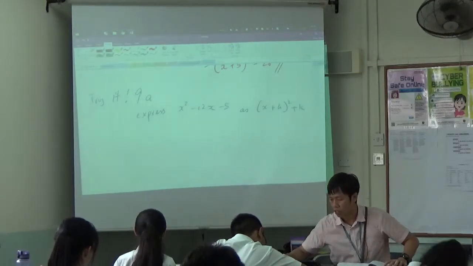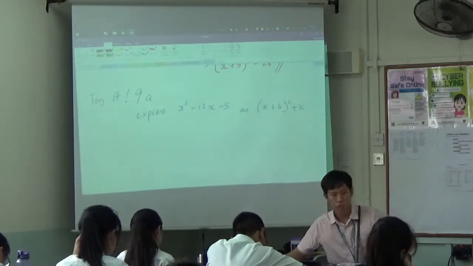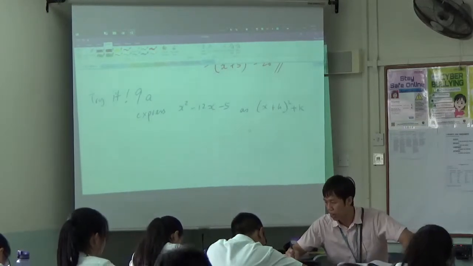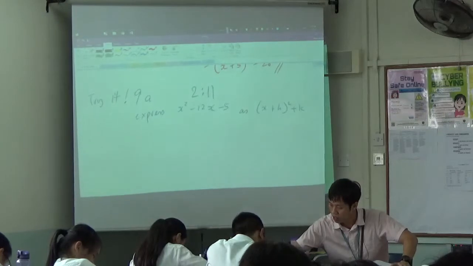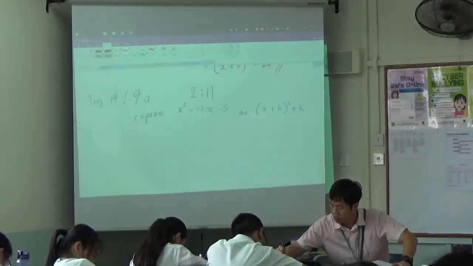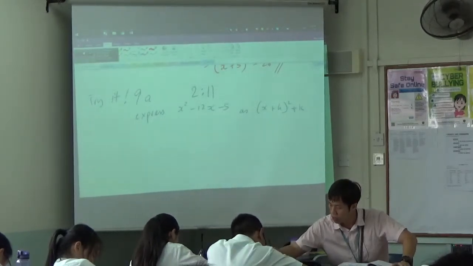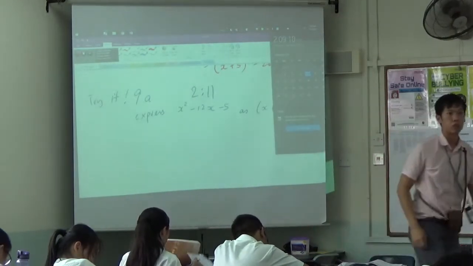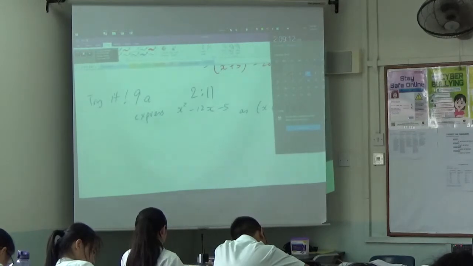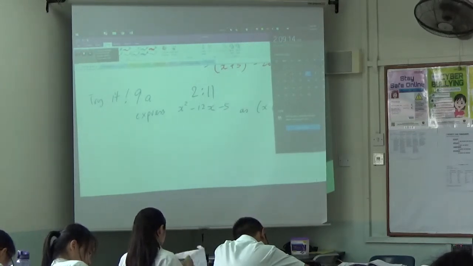How long do you think you need? 3 minutes. Okay, you have 3 minutes. So we will end at 2:11. If you have questions, please raise your hand. I'll come to you.